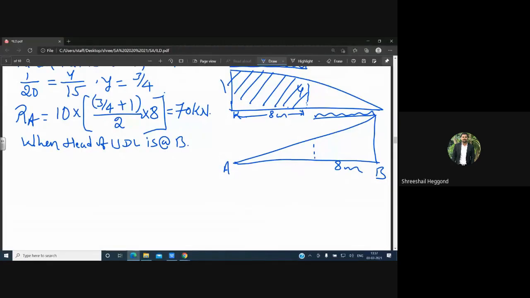Remaining will be 12, total is 20. You need to find out the area of the trapezoid, and you need to find out the y, that is the ordinate. That can be calculated as 1 divided by the total 20 is equal to y divided by 12 meters.